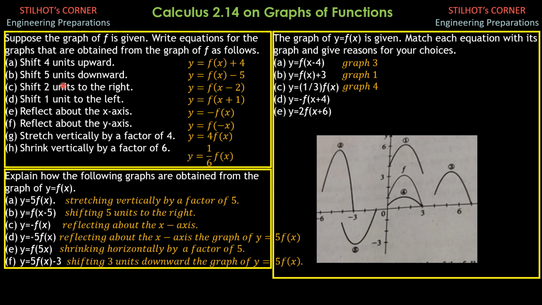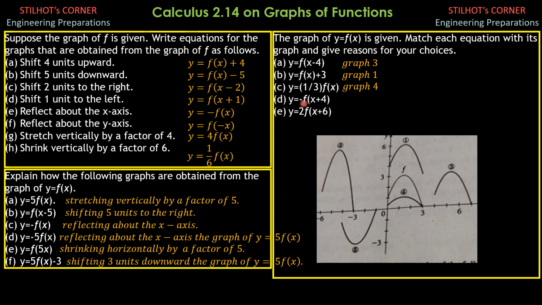So don't mind the sign first. y equals f of x plus 4 means that we have to shift this graph here 4 units to the left. So this one will become negative 4. So it is here, supposedly. That is the graph of y equals f of x plus 4.